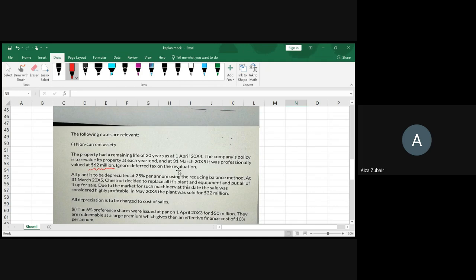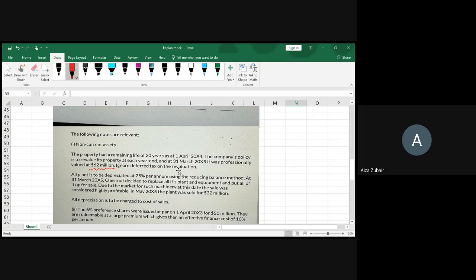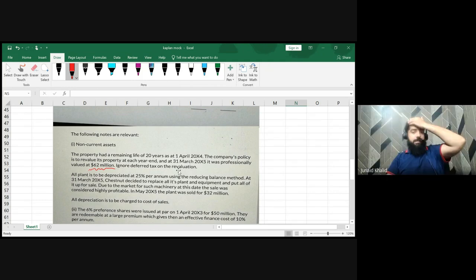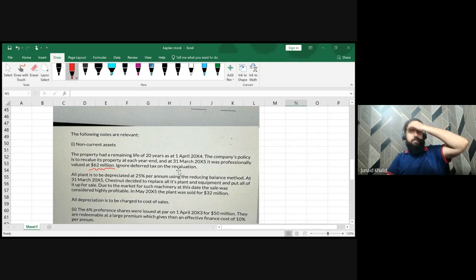That's the previous value of the property. Can you read it, it was professionally valued at 62 million, but it gets revalued each year. Yes. So what is that 62 million?